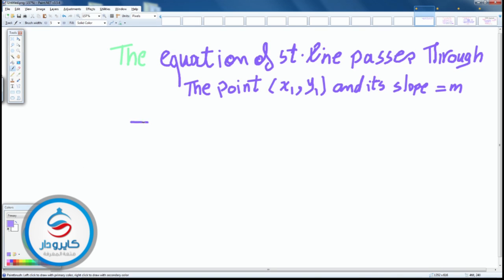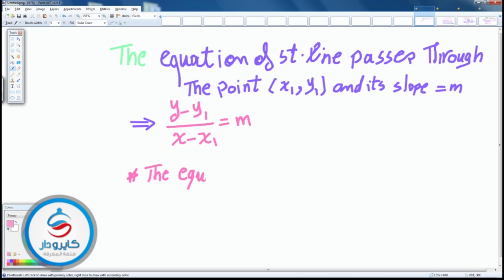Then the equation will be like that: y minus y1 over x minus x1 equals m. This is the equation.